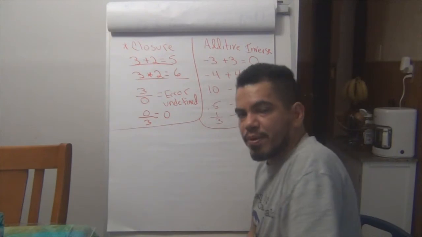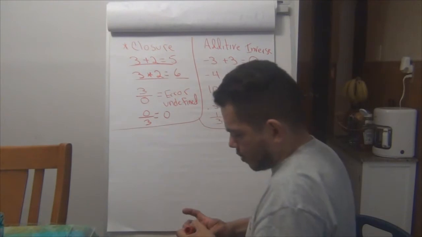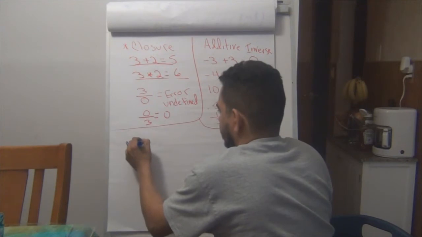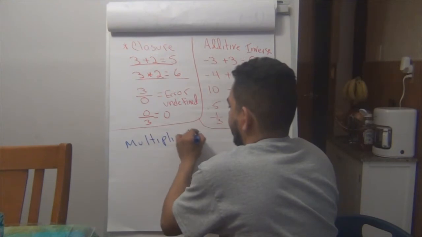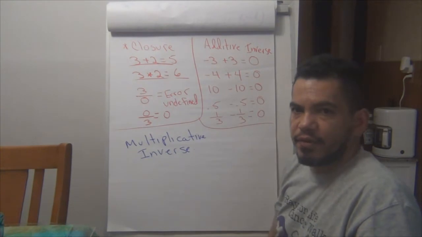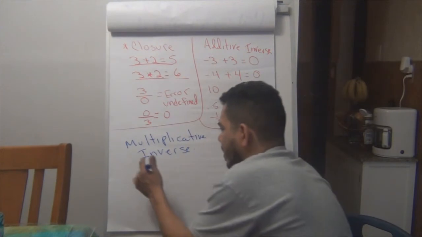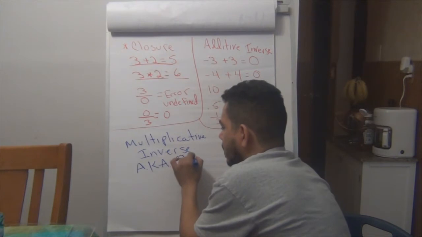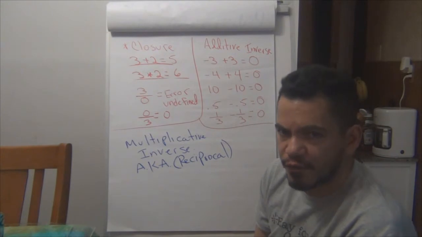Now let's go on to the next property, which is called the multiplicative inverse, also known as the reciprocal of a number.